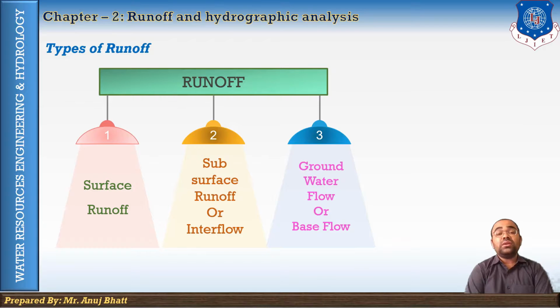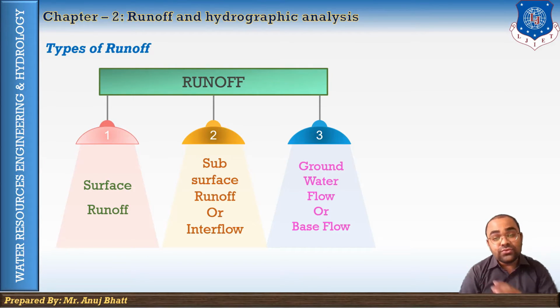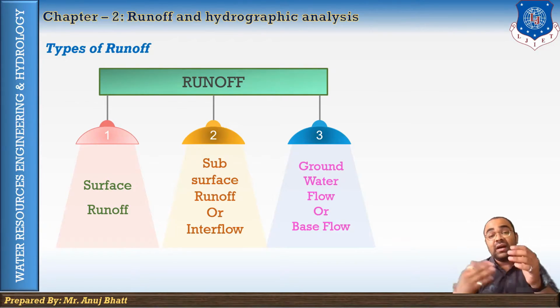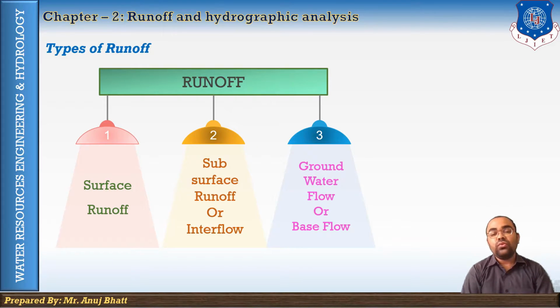Groundwater is stored in the ground and moves slowly through the layers, or zones, of soil, sand and rocks, all together called the aquifer. The rate of groundwater flow depends on permeability and the hydraulic head. So these are the types of runoff.